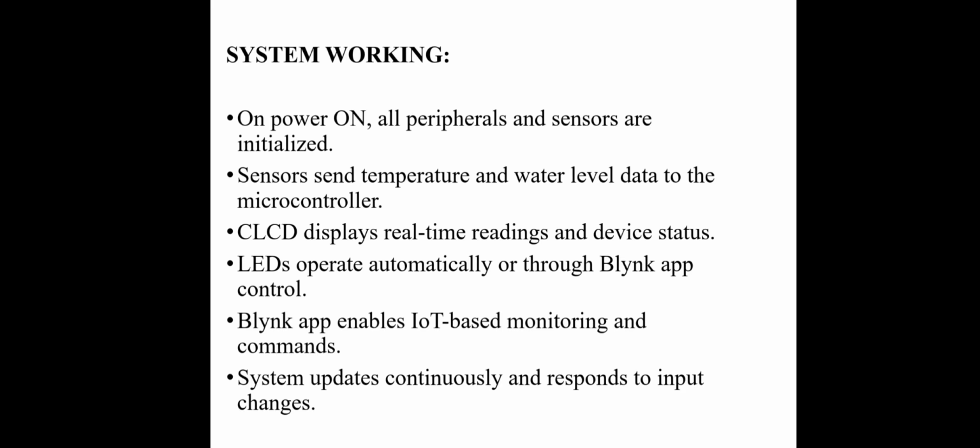The Blynk app allows the user to send manual commands and monitor live data remotely. The buzzer provides alerts when certain limits are crossed. Overall, the system runs in a continuous loop, updating readings and ensuring responsive automation.